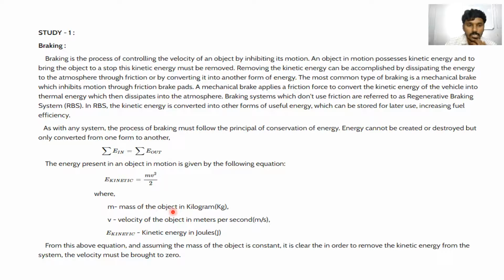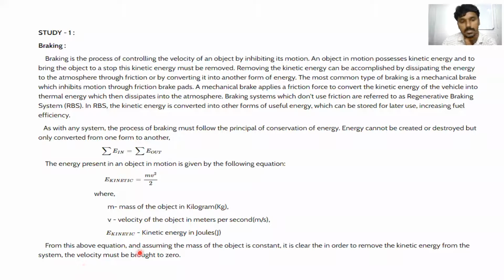Here m is the mass of the vehicle in kgs, v is the velocity of the vehicle in meters per second or kilometers per hour, and E kinetic is the kinetic energy in joules.